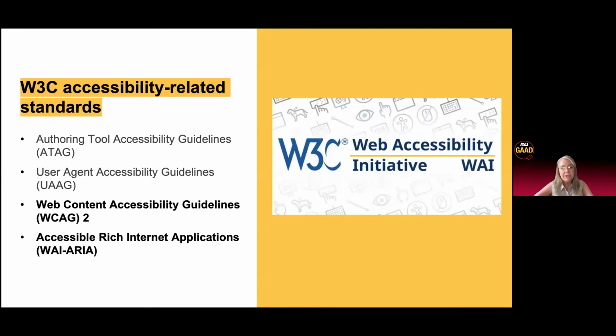Within the W3C is a group called the Web Accessibility Initiative. This group develops the standards that help users and manufacturers implement accessibility. Of the 4 WAI standards that impact digital accessibility, we're interested today in just 2.